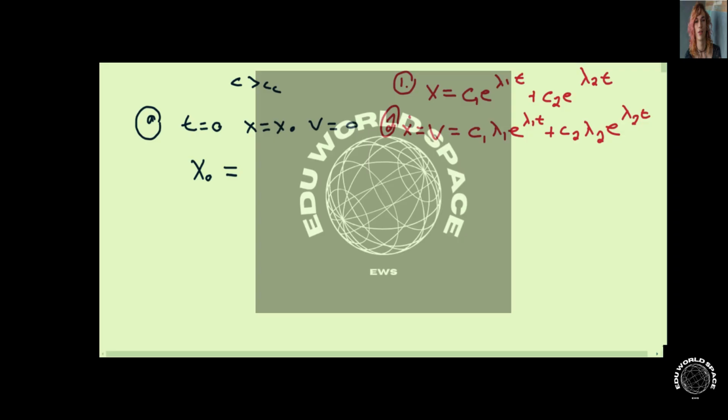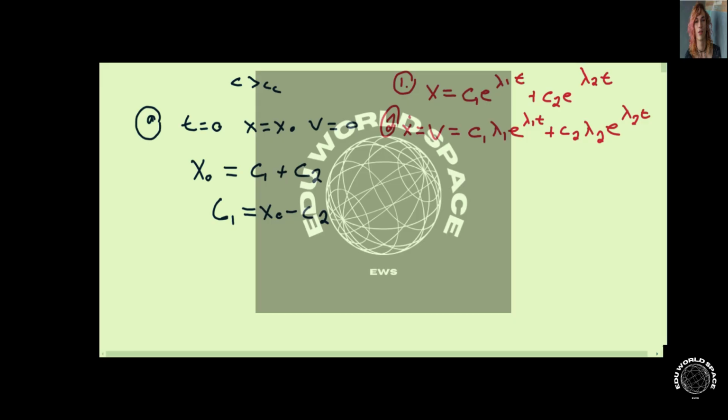So we get c1 plus c2. If you put c1 on one side, you're going to get x naught minus c2. And of course, if you put c2 in front, you'll get x naught minus c1 as well.